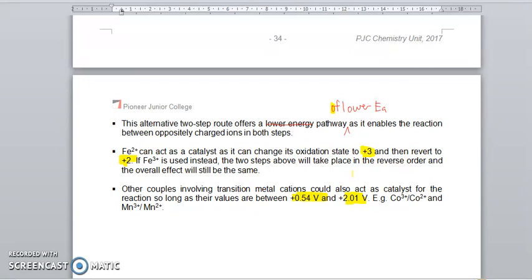As long as the E0 value is in between these two, they can work, and you can prove it yourself. As a take-home exercise, go ahead and calculate the E0 cell for cobalt 3+, cobalt 2+, and prove that the E0 cell for both steps is still positive and therefore energetically feasible.